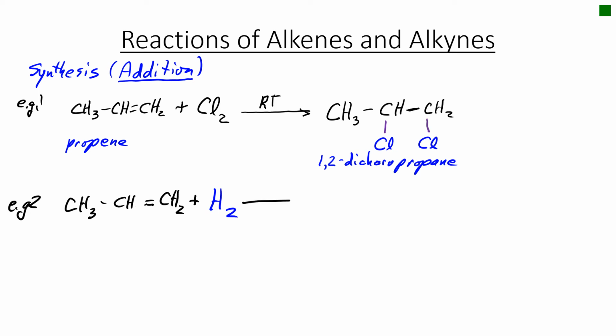Now, whenever we're going to add hydrogen for any of these reactions, hydrogen molecules don't like being shoved into these things. So it's going to require two things to make this happen. It's going to require heat, which is represented by the triangle, and P for pressure. So our reaction conditions will be heat and pressure.